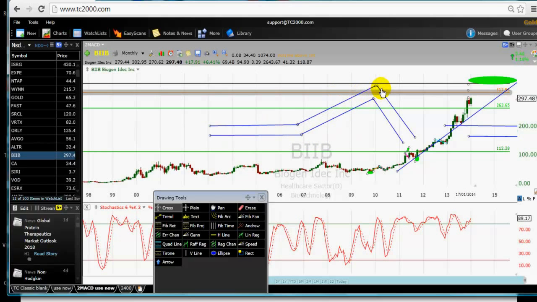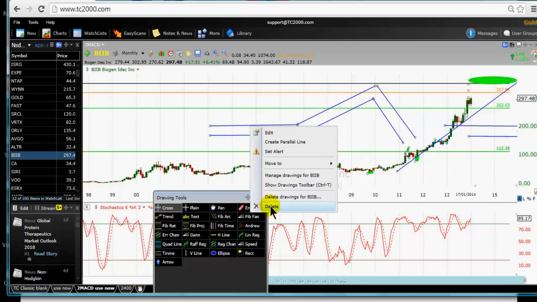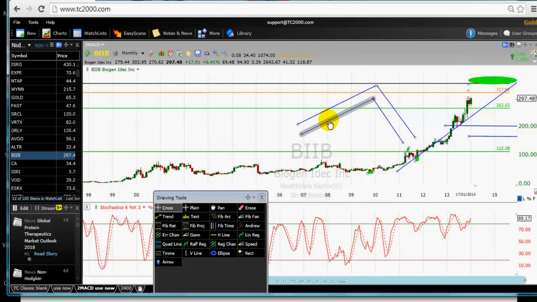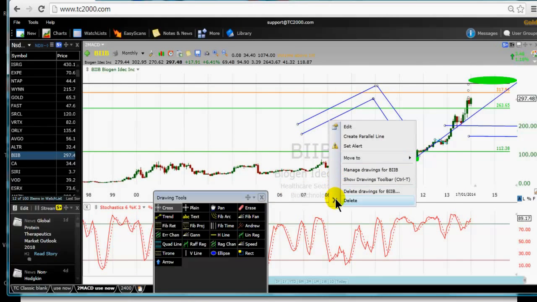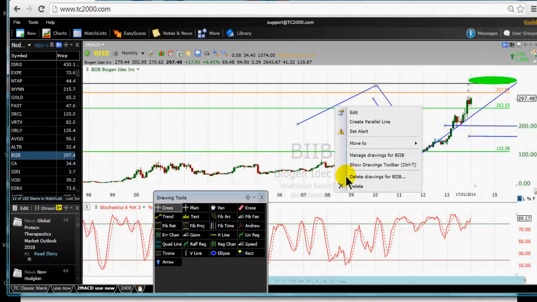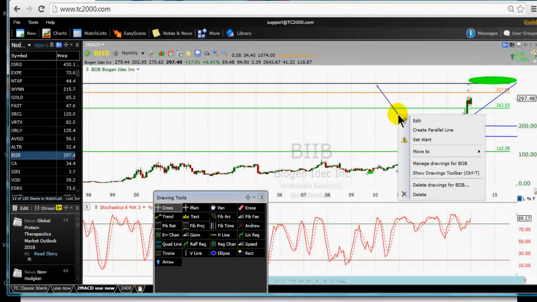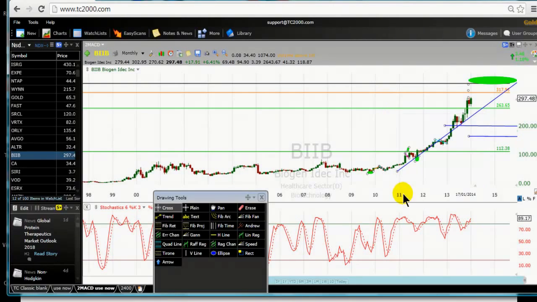So in order to count waves correctly, one must understand and apply the market patterns. One of the mistakes that wave traders are making is that they are violating the market patterns. Very important: before we start counting waves, the first wave is the wave that we want to identify.